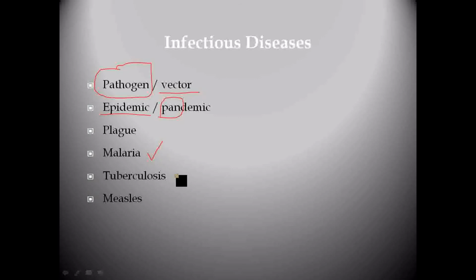Tuberculosis, I've mentioned before. TB is a bacteria. Mycobacterium tuberculosis is the name of the bacteria, and it is a lung infection. The reason that we're so careful about tuberculosis is Mycobacterium is a particularly hard bacteria to kill because part of its life cycle includes a capsule.